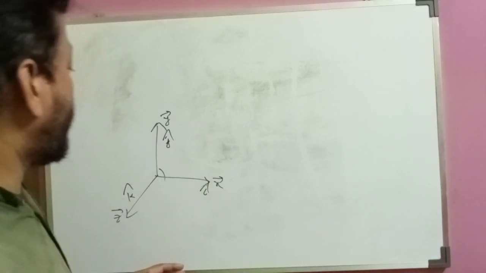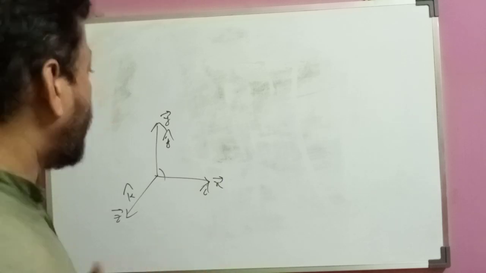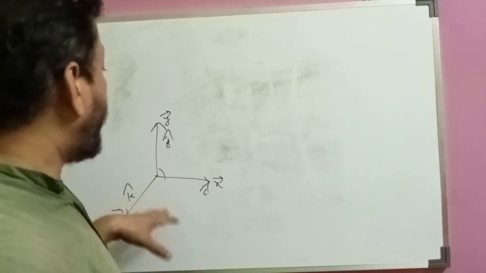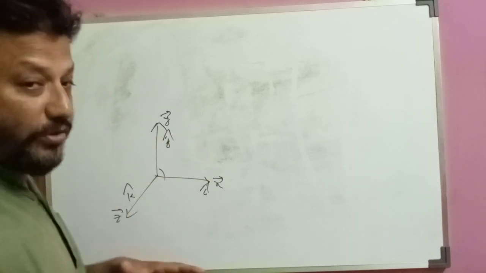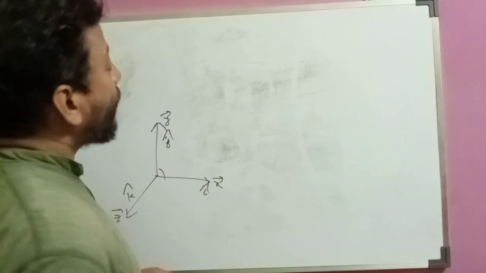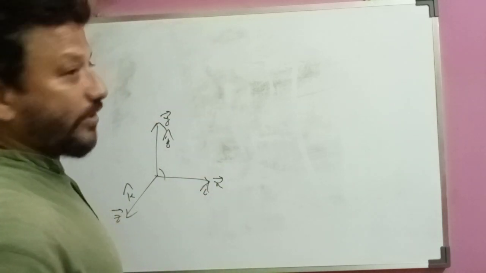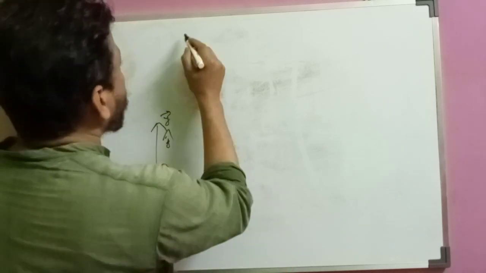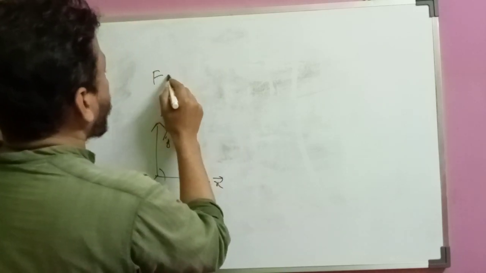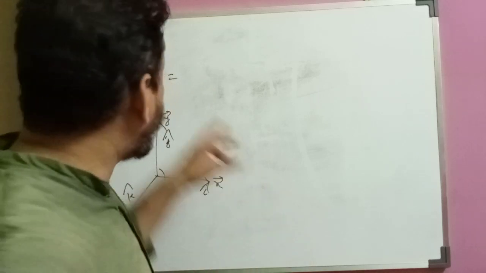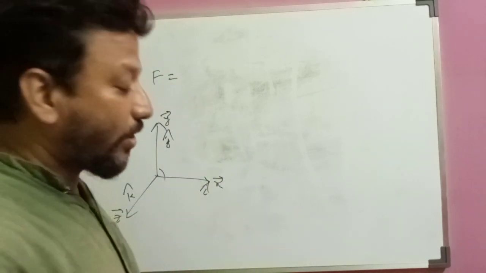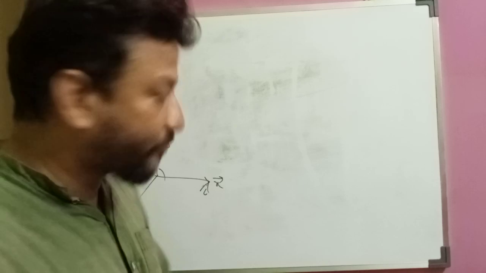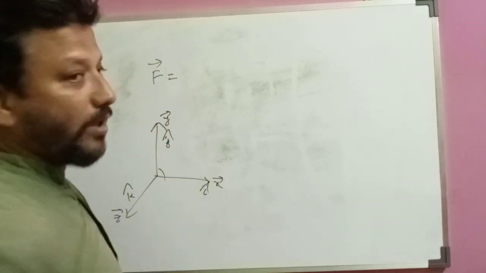When a force is divided into three components of vectors, we can write the total F. So we can divide this F in x, y and z.